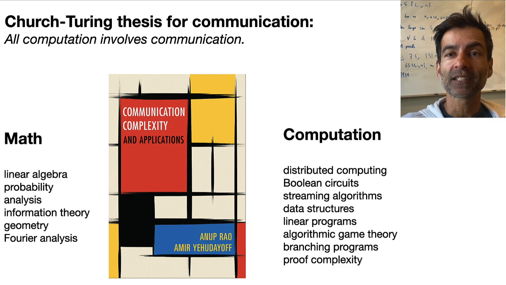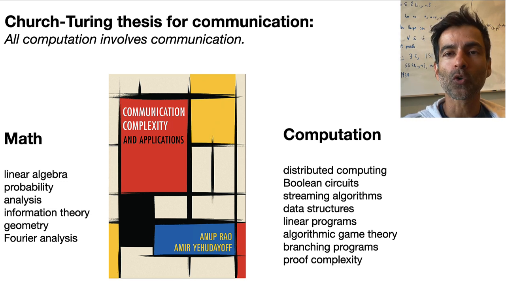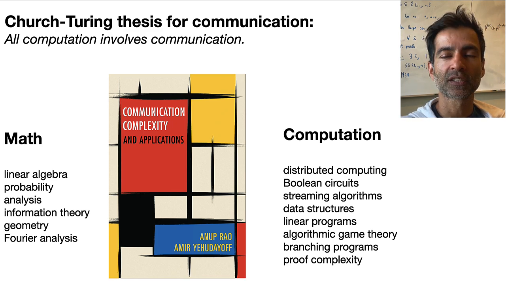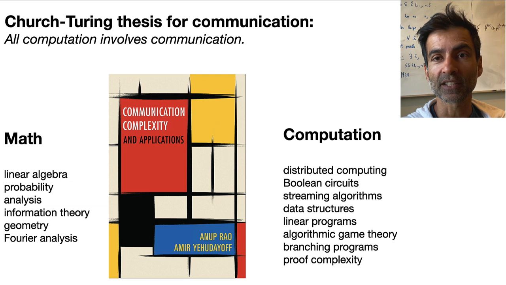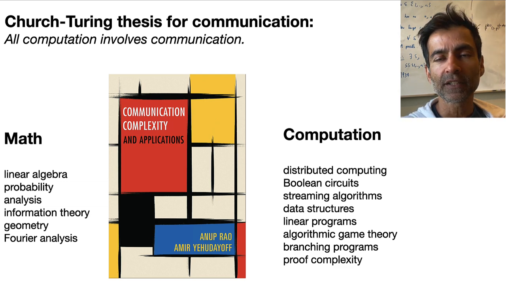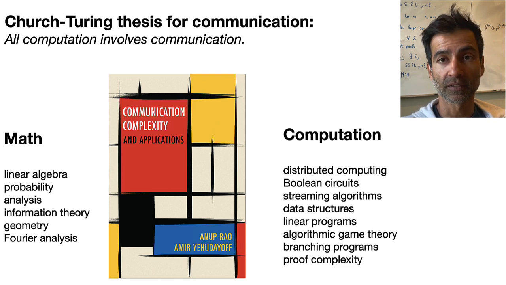Now, the reason communication complexity is interesting is that it is, in a sense, a core model for computation. Here's my analog of the Church Turing thesis for communication complexity, and I really believe this to be true: every form of computation, every computational model, inherently involves communication in one way or another.